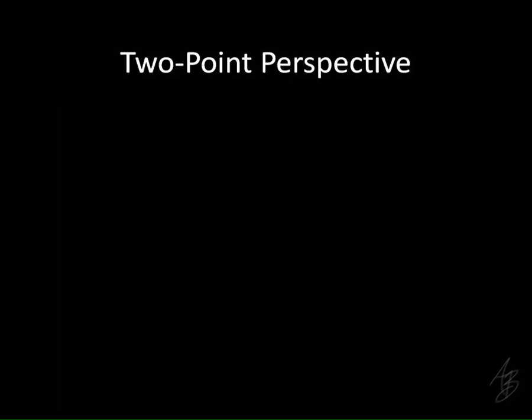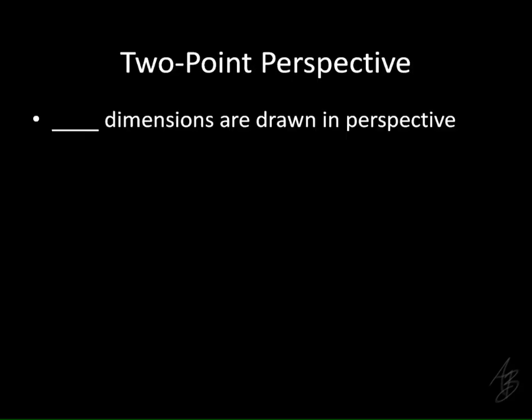And how many dimensions are going to be drawn in perspective? 2 of them. So in 1 point perspective, we had 1 dimension drawn in perspective, the depth. The other 2 dimensions, the height and the width, were not drawn in perspective. Now in 2 point perspective, we're going to have the width and the depth drawn in perspective, and the height is not. So the height is still not drawn in perspective, but the width and the depth are.